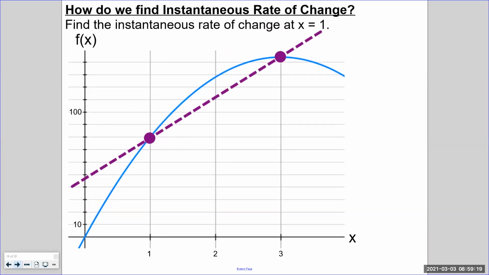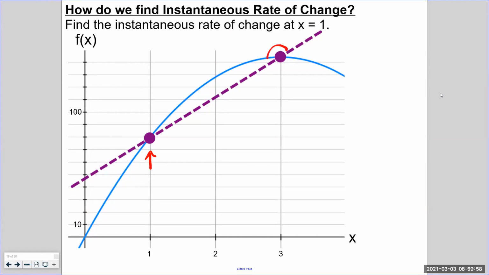So how do we find the instantaneous rate of change at x equals 1? Well, as it suggests here, we're going to start off with a secant line. And our goal is to, again, find the instantaneous rate of change at x equals 1.